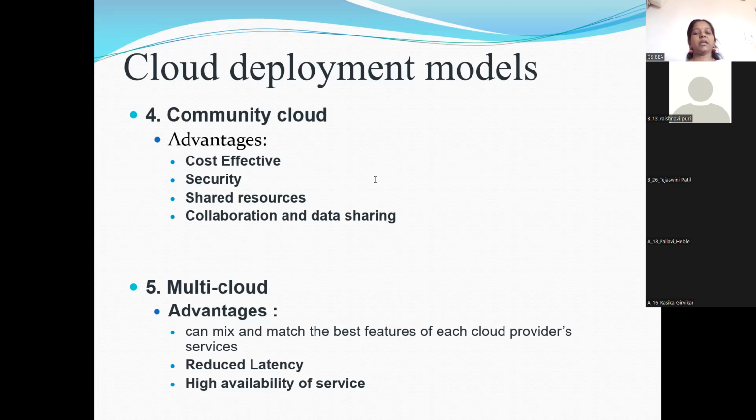Here we are talking about employing multiple cloud providers at the same time under this particular paradigm, as the name implies. It is similar to the hybrid cloud deployment approach, which combines public and private cloud resources. But instead of merging public and private clouds, the multi-cloud uses many public clouds.